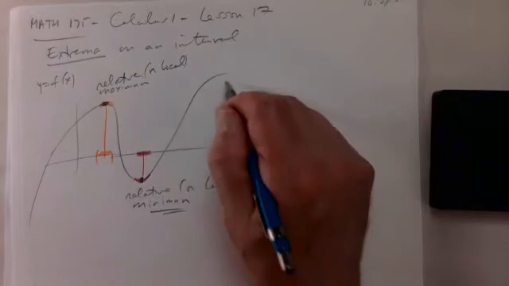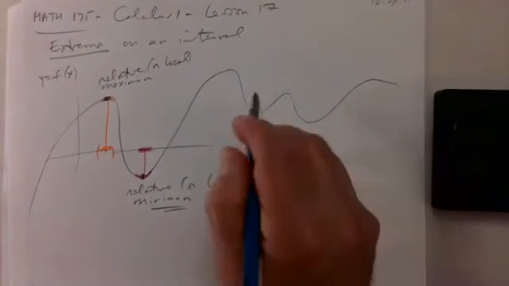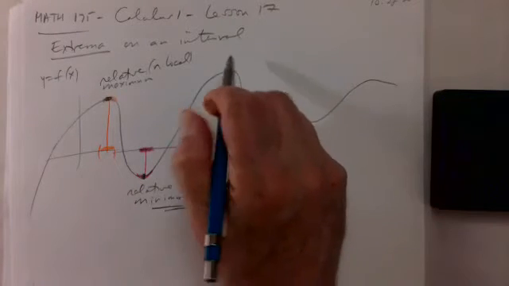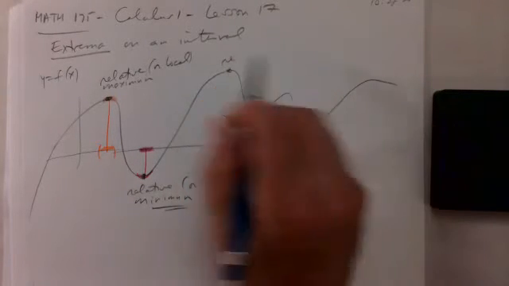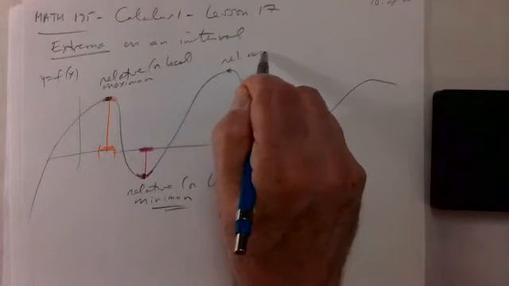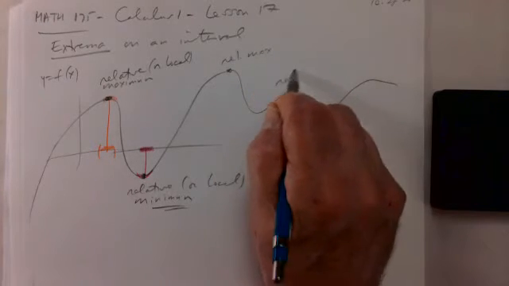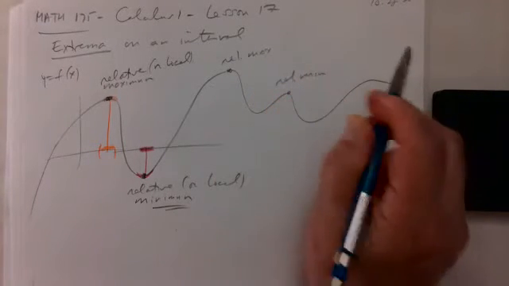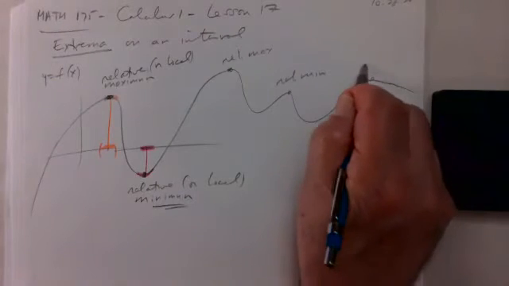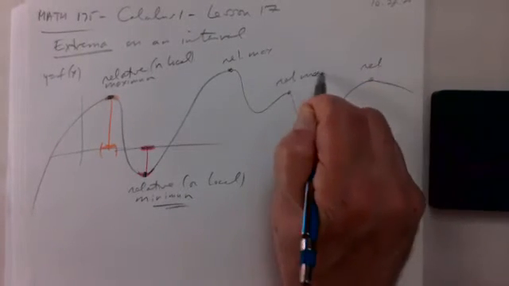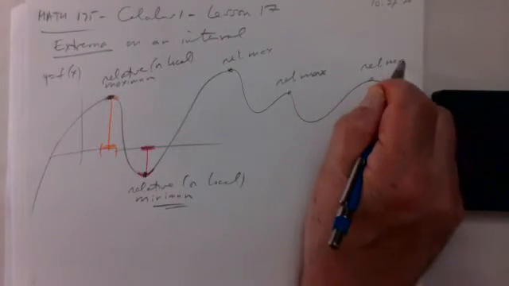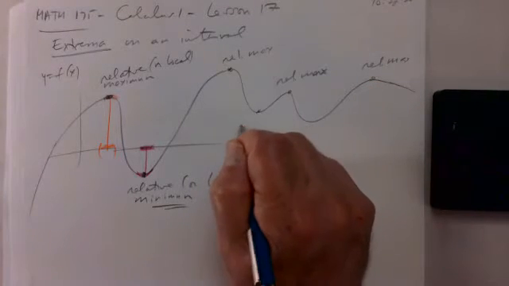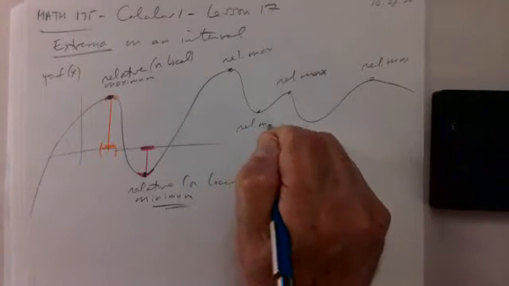And it can have many. You can have a function that looks like this. Again, right here is another relative max. This is another relative min. This is another relative max. This is another relative max. This is a relative minimum.